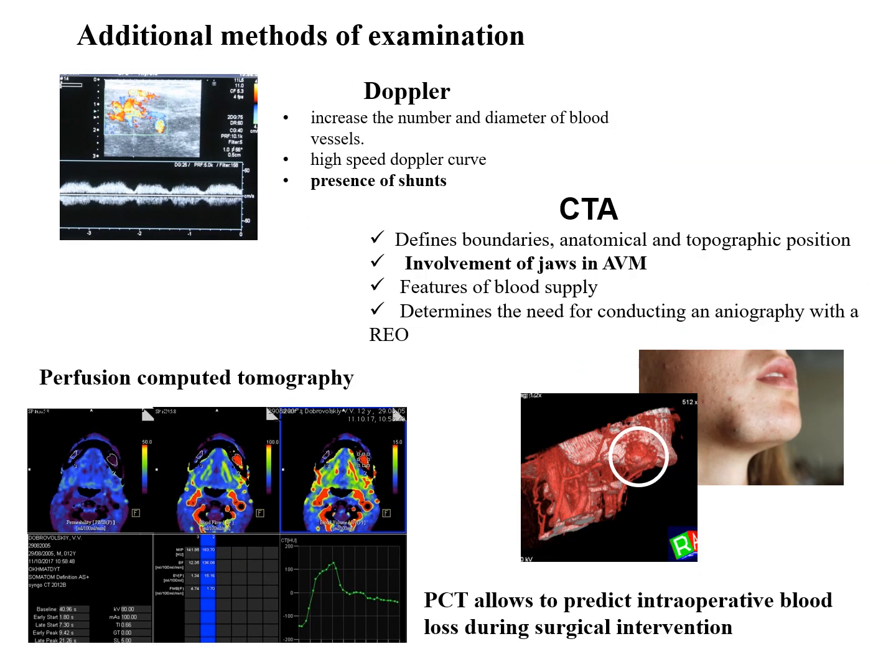In additional methods, we use Dopplerography. In Dopplerography, most commonly, we will see the presence of a shunt. And also in this form of disease, we use the CTA. It's CT with contrast fluids.